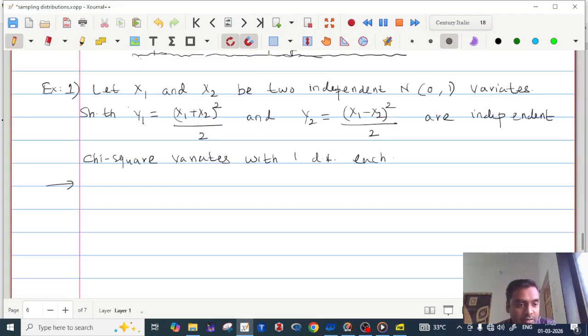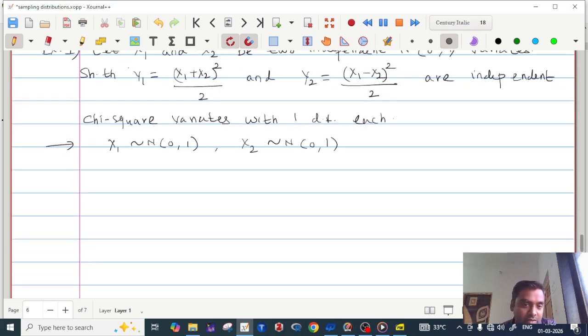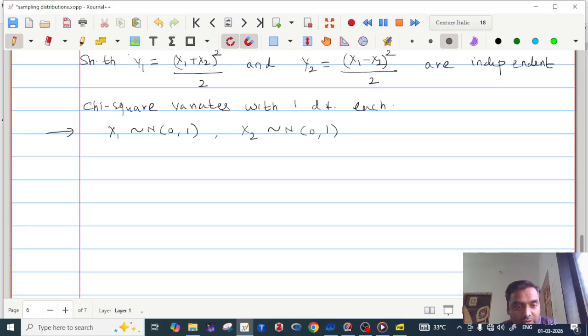Let's see the solution. Very simple. What is the definition of chi-square? If the xi's are standard normal, then its square is chi-square distributed. Here x1 is normal 0, 1 and x2 is also normal. We have to find the distribution of (x1 plus x2) squared, so first find the distribution of x1 plus x2.